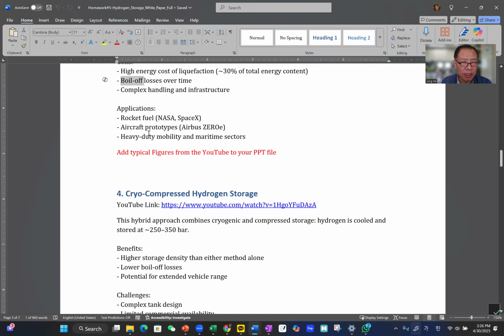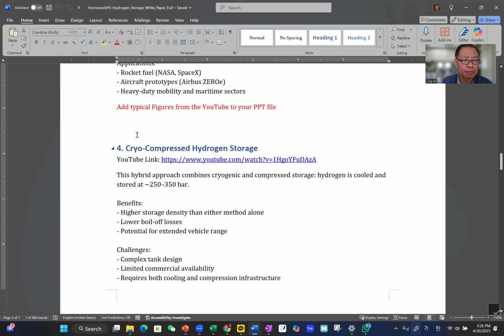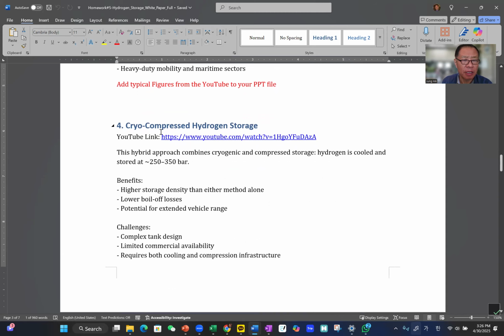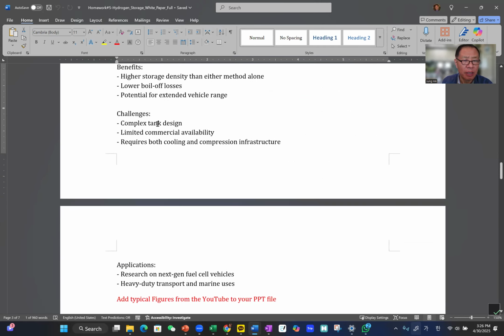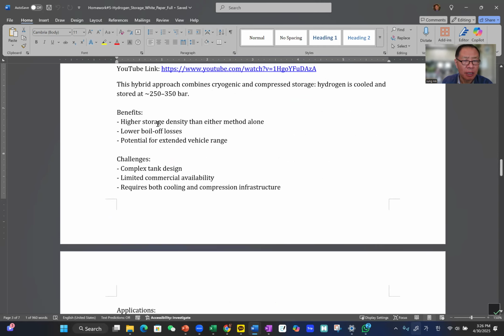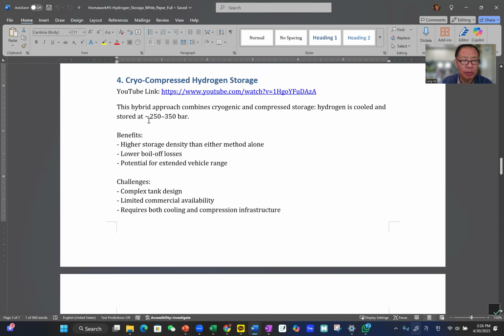And the application is mainly aerospace. But recently, liquid application is getting a little bit more popular. And cryogenic compressed hydrogen storages. Okay, we already watched this one, but the point is that we have to keep the temperature.